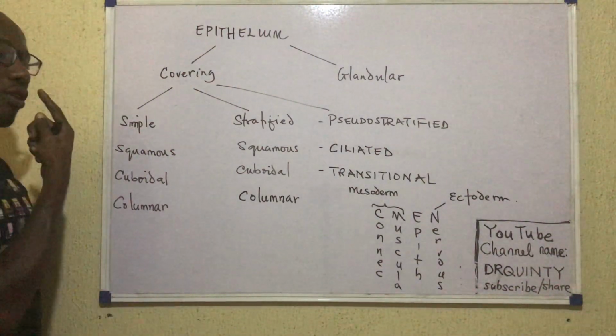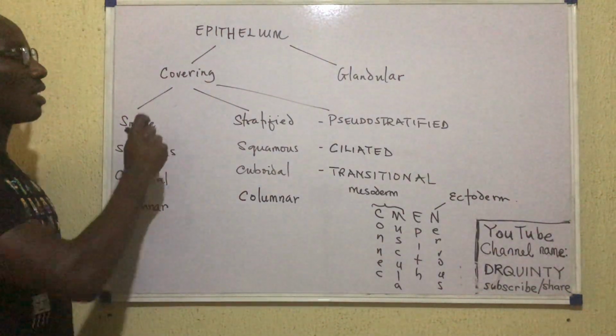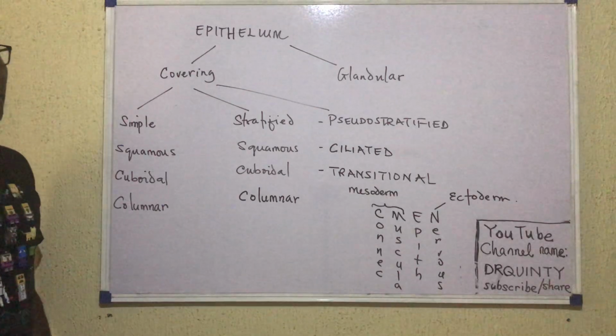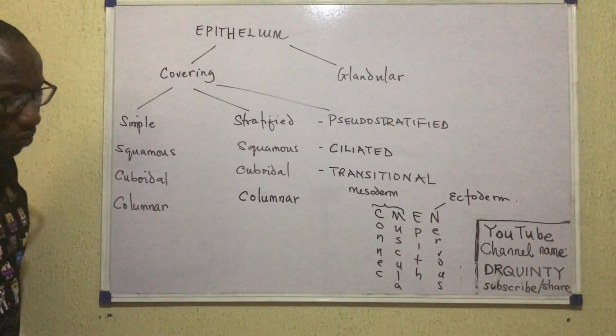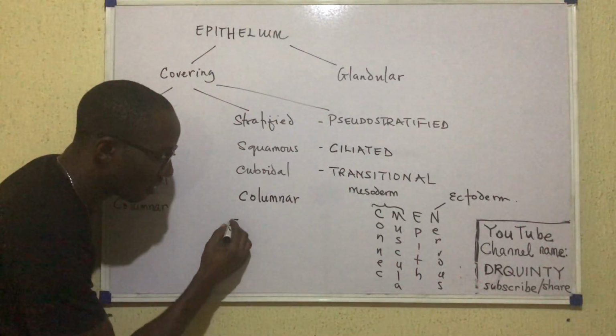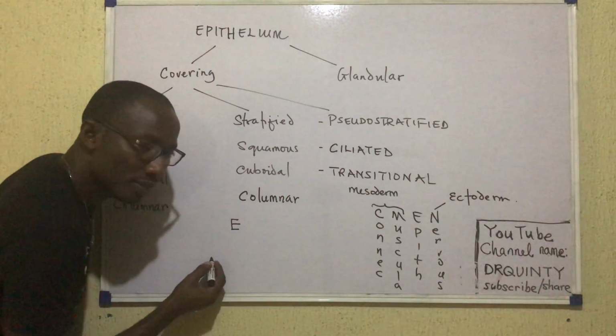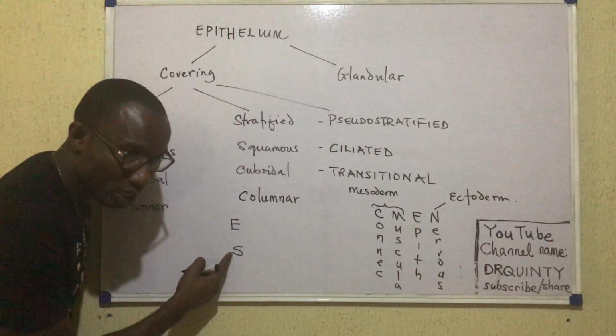So, facing covering epithelia in this first video, where covering epithelia occur in the human body or in the body of most animals, they occur in such a way that this is the epithelium and this is the surface that is to be lined by the epithelium.